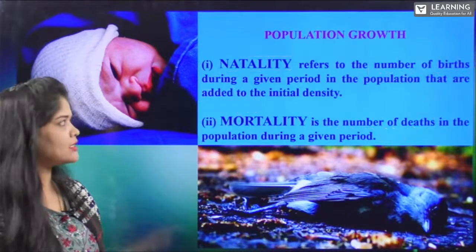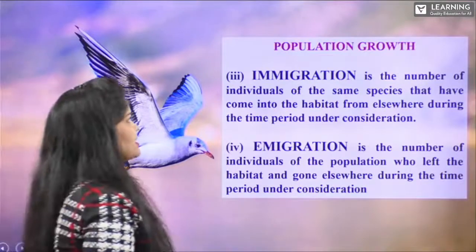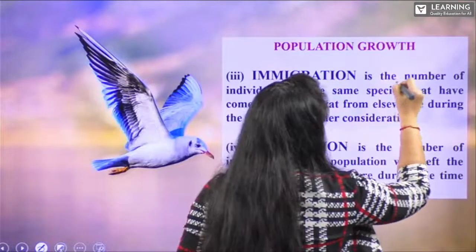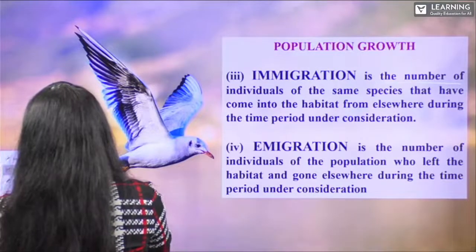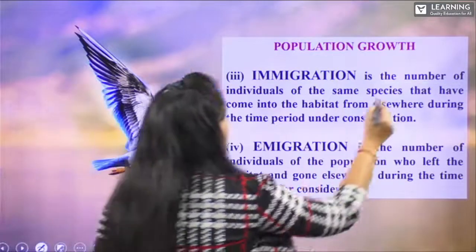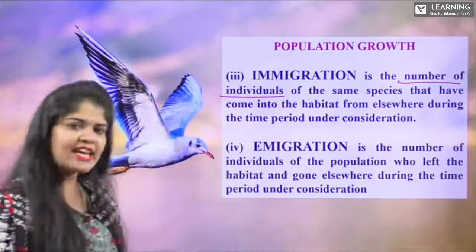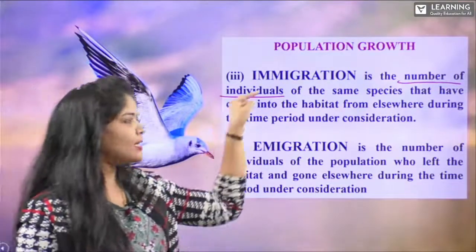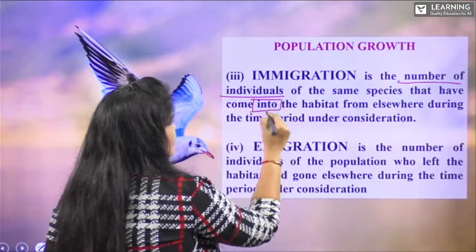Now, let's understand immigration and emigration. Immigration is the number of individuals of the same species that have come into the habitat. Into the habitat, this is very, very important.